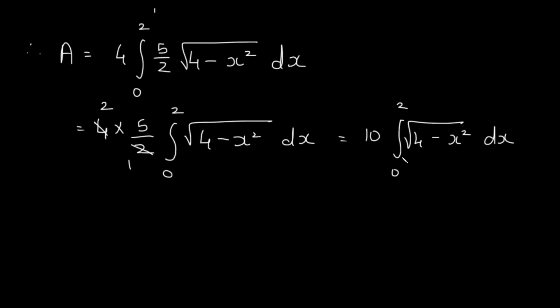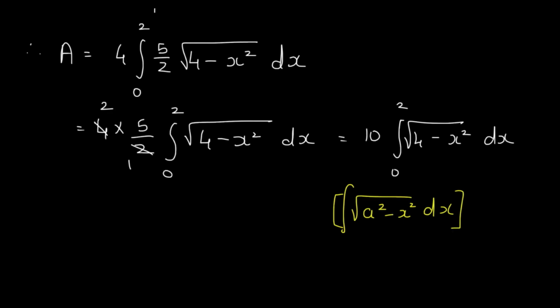Now this particular form, root of 4 minus x square, is similar to the formula we did in the previous sum, the integral of root of a square minus x square dx. So this is the formula which we are going to use.